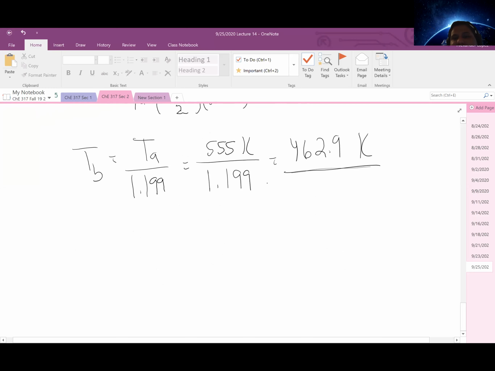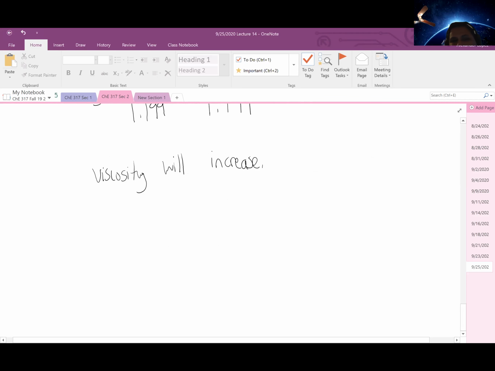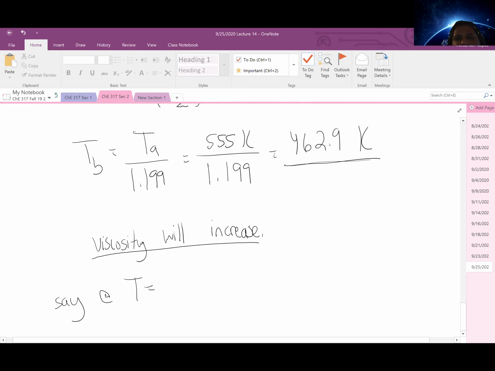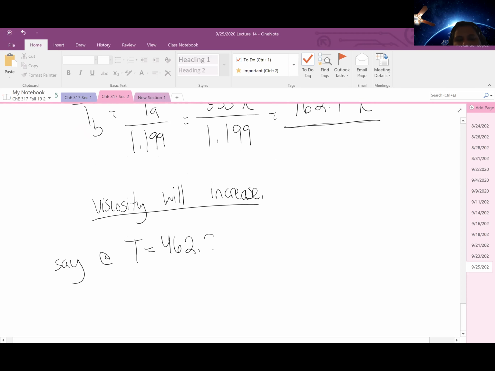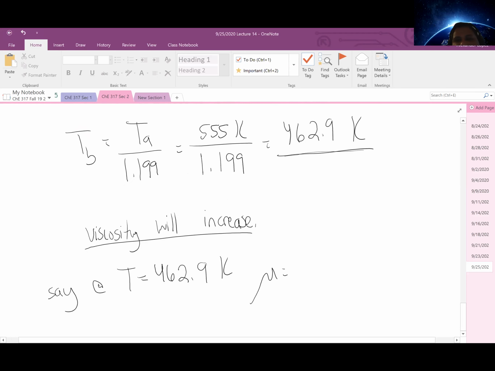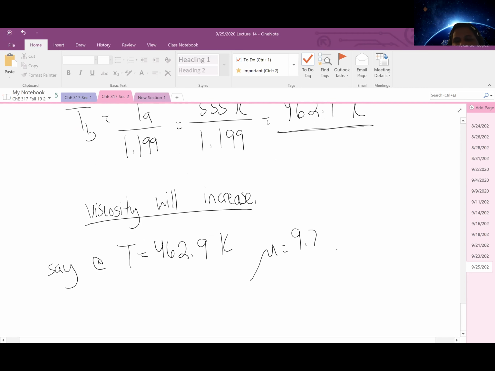So if my temperature decreases, my viscosity will increase. So now let's say that at T equals 462.9, my viscosity is 9.7 times 10 to the minus fifth kilograms per meter second.